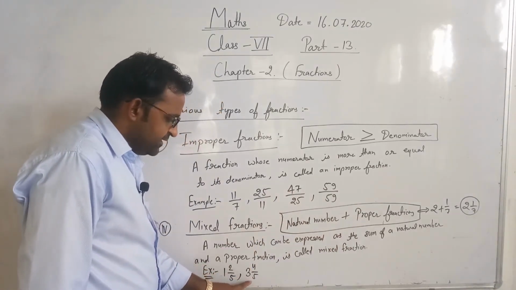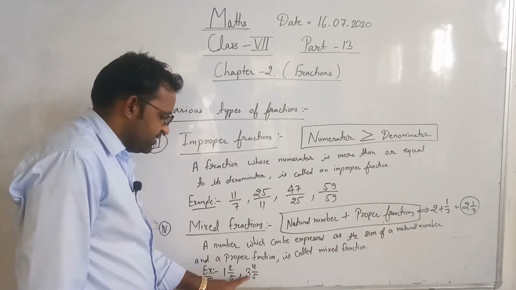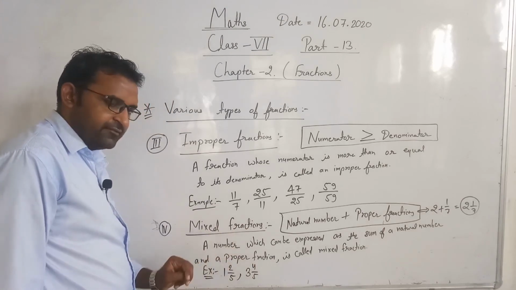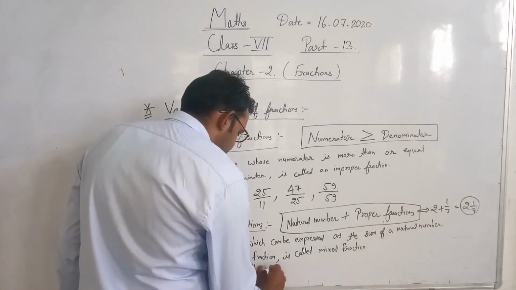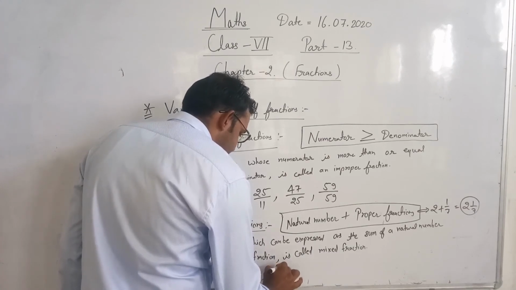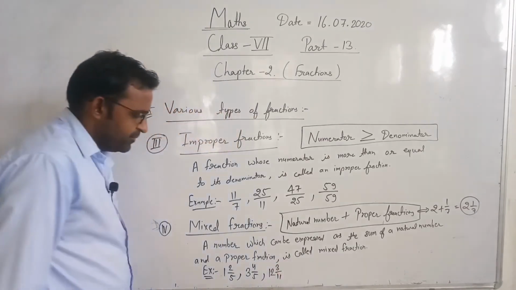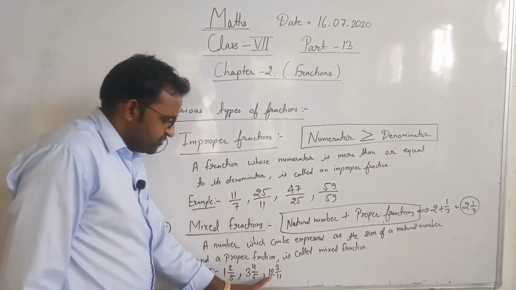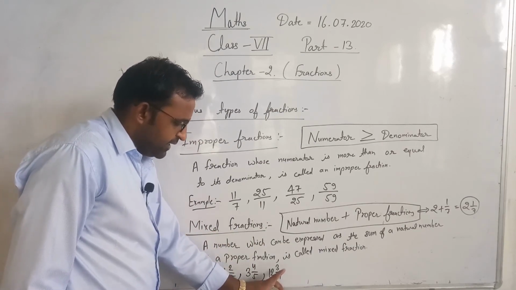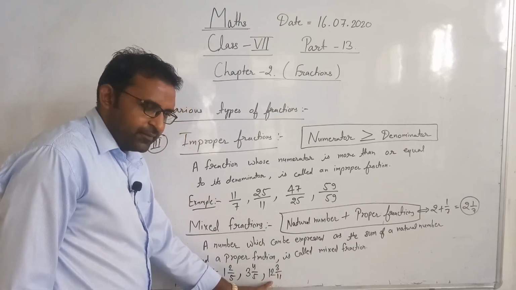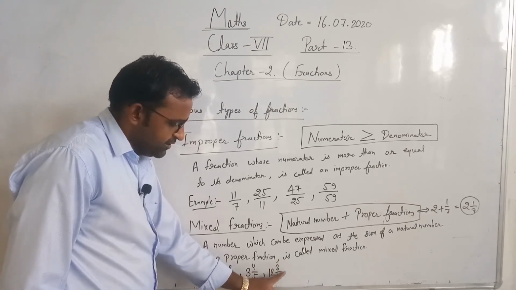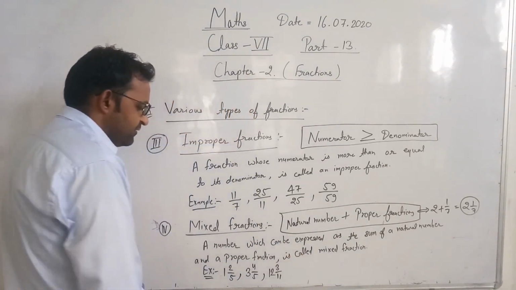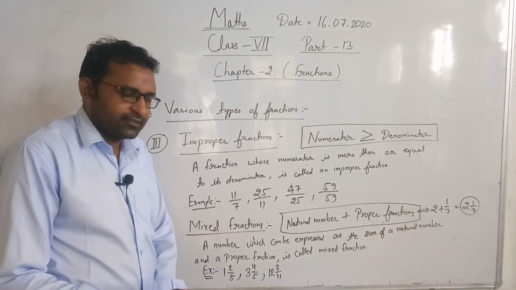So the sum of 3 and the proper fraction 4 upon 5 is called a mixed fraction. 12 3 upon 11. 12 is a natural number and 3 upon 11 is a proper fraction. So combined, 12 3 upon 11 is a mixed fraction. So all examples are mixed fractions.